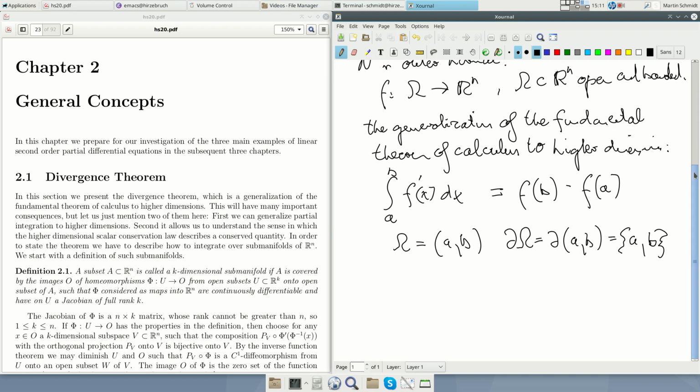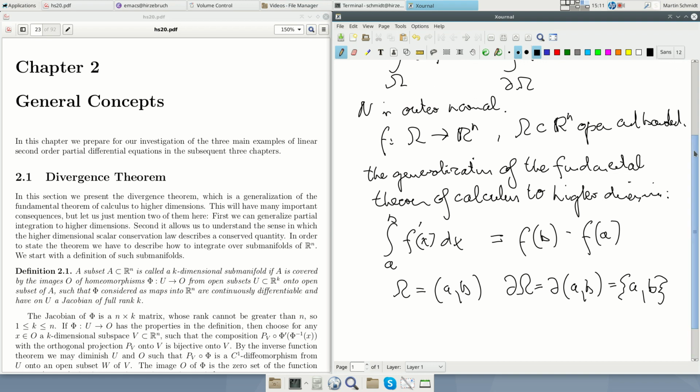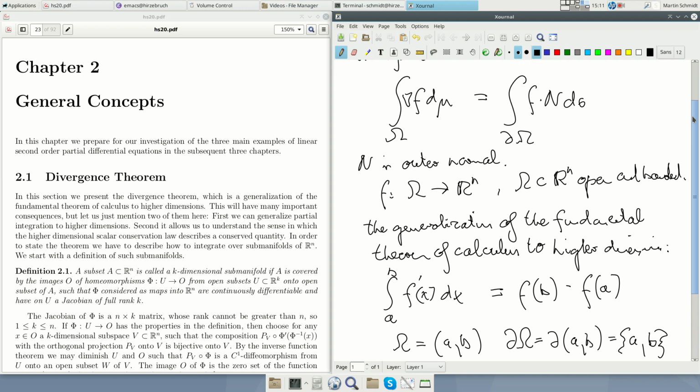So in this situation the boundary consists only of points, and for this reason this is just an evaluation.